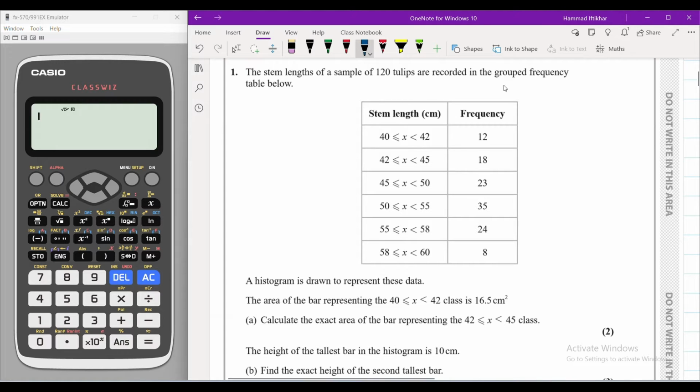Okay, so basically we know that the area of the bar represents the frequency, or you can say it's proportional to frequency. So area is proportional to frequency. So A1, A2, for example, you could write F1, F2.